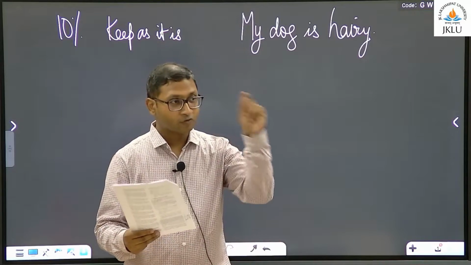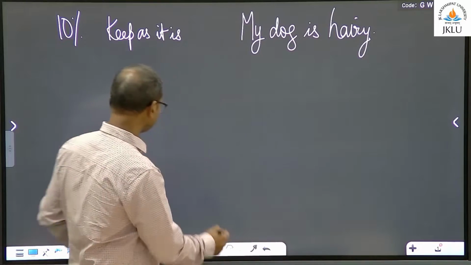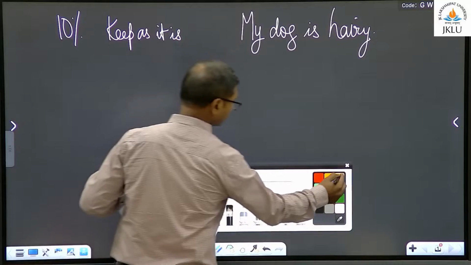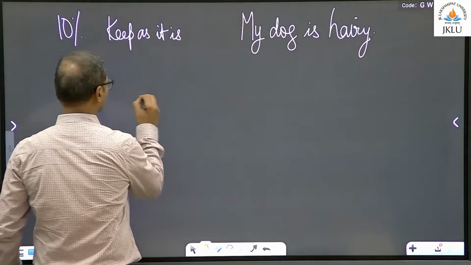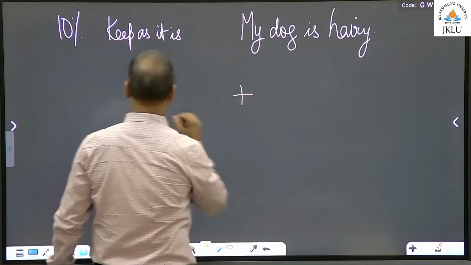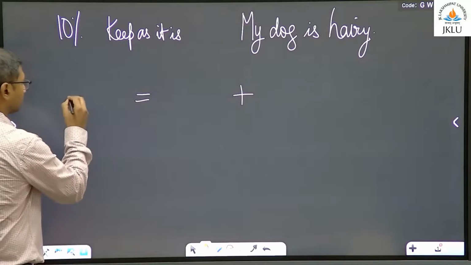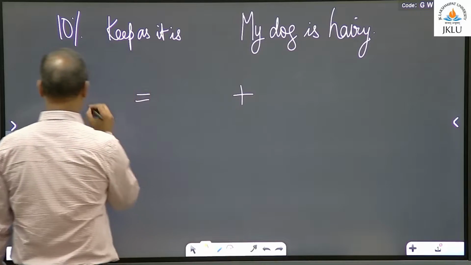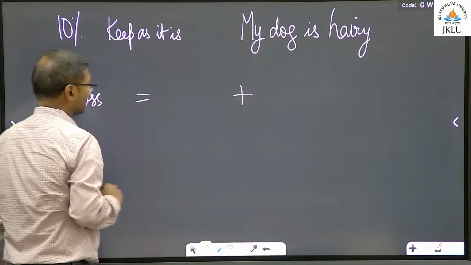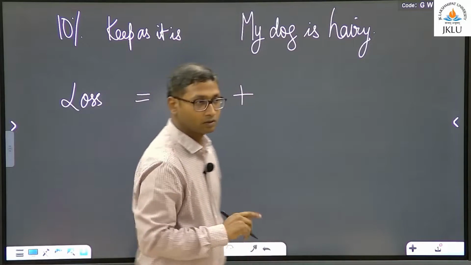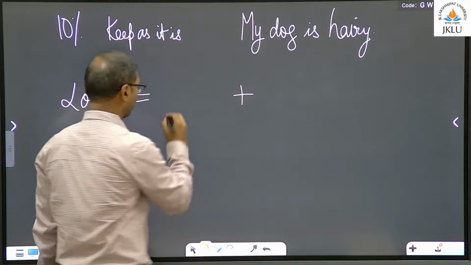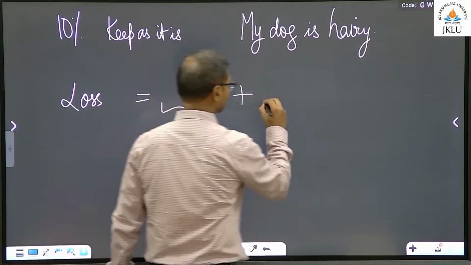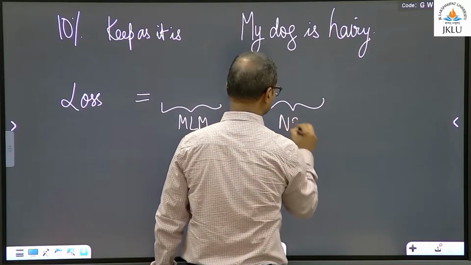So first of all, it is a sum. So sum of what? I am going to put something here. So this is my total loss. This is coming from MLM and this is coming from NSP.